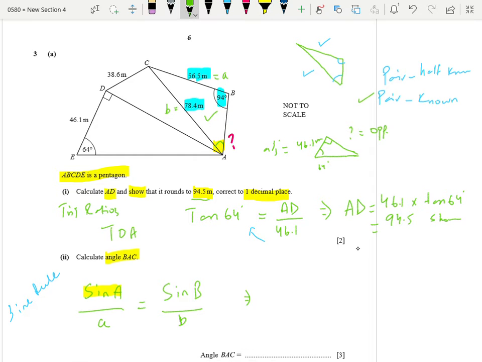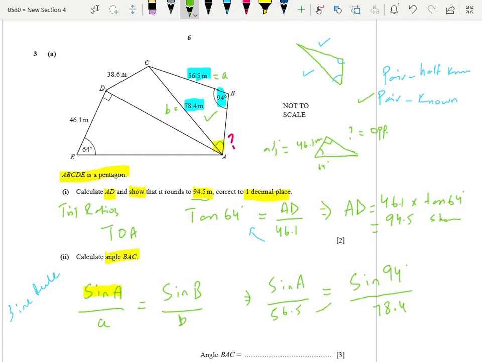Okay, let's put in the values. Keep the sine A as it is and put in all the remaining values right there. Sine A divided by 56.5 will be equal to sine of 94 degrees divided by 78.4.